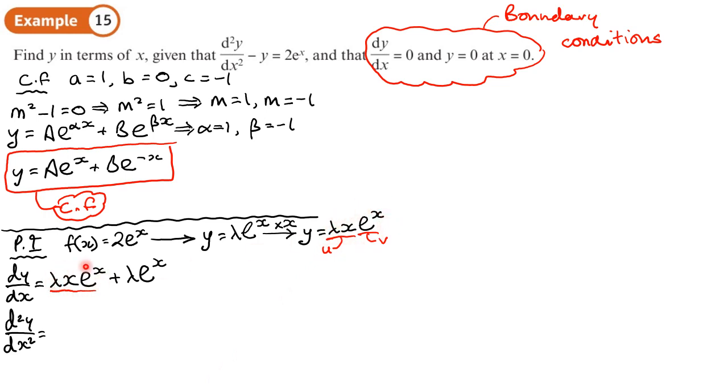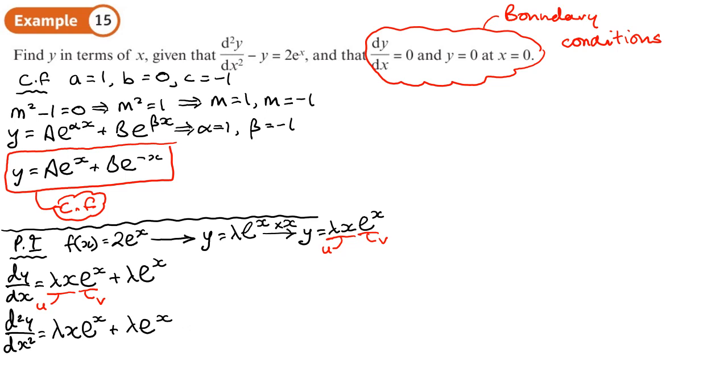So this differentiated is going to be all of this, because we've done it already. To save ourselves a bit of time, we write lambda x e to the x plus lambda e to the x. That's just using the product rule on this, but seeing as we've already worked that out once, we'll just use it again. And then I just need to add this differentiated, which is going to be lambda e to the x.